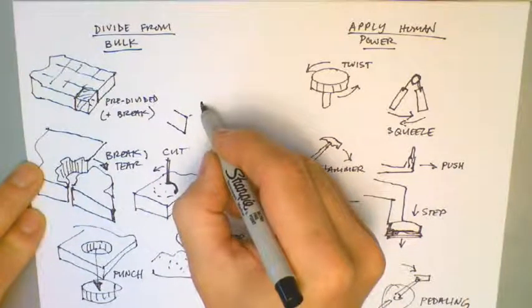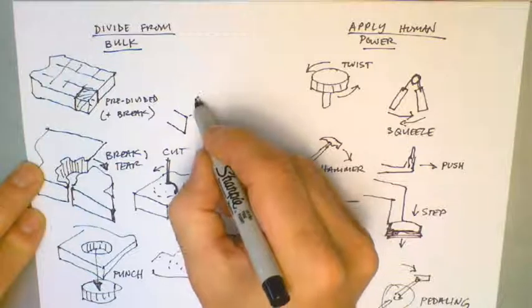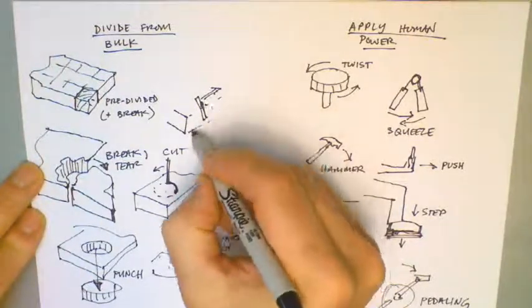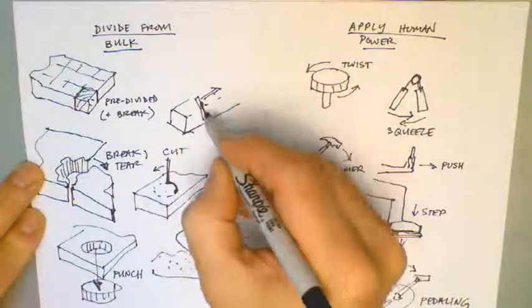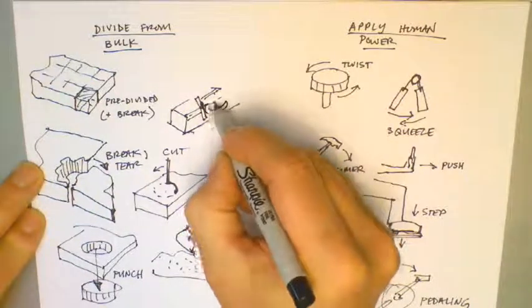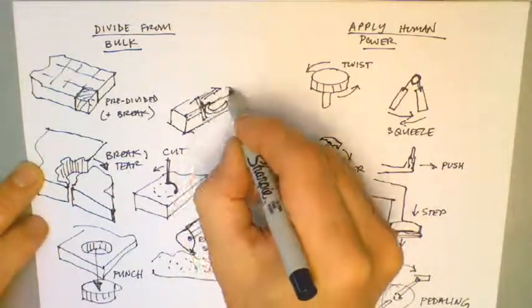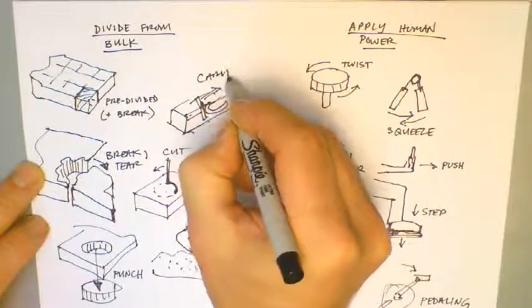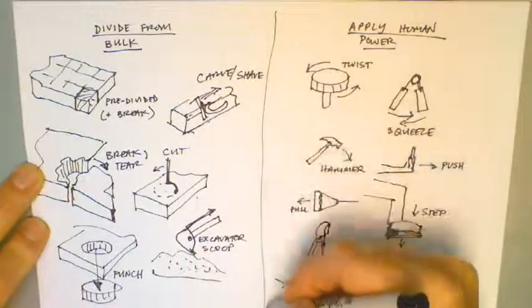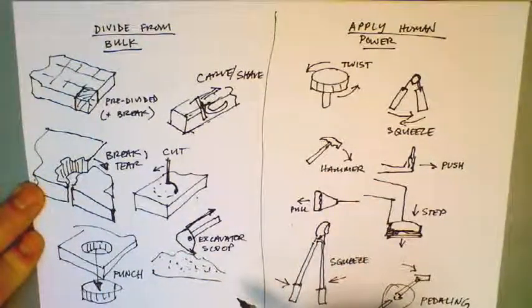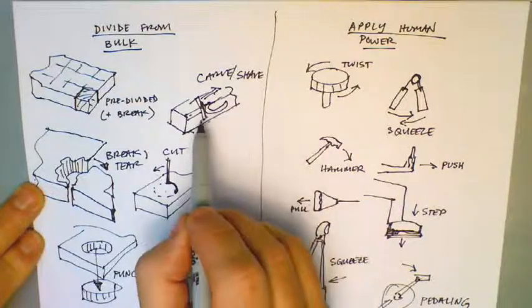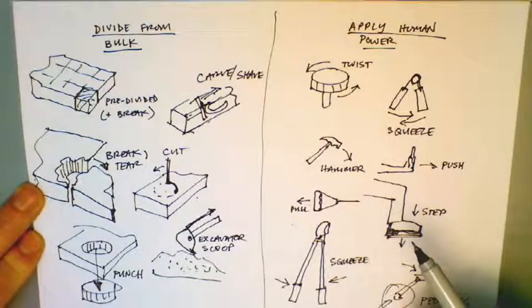We have some kind of blade that gets pulled along, and that causes a carving or shaving of a curl of something. Carve, shave. Some of this is challenging to sketch, I realize, and so annotation is usually very helpful in illustrating what it is you're trying to get at.